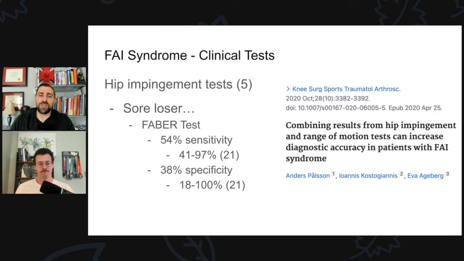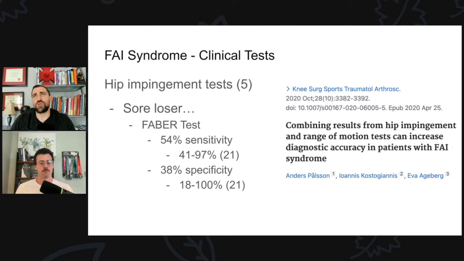But if you look at other studies, so I actually have some other numbers listed here. And this was, I believe, a systematic review from 2022. They showed the Faber test had a sensitivity somewhere between 41 and 97%, and a specificity somewhere between 18 and 100%. And what I will say is that this is not, we see this all the time, right?